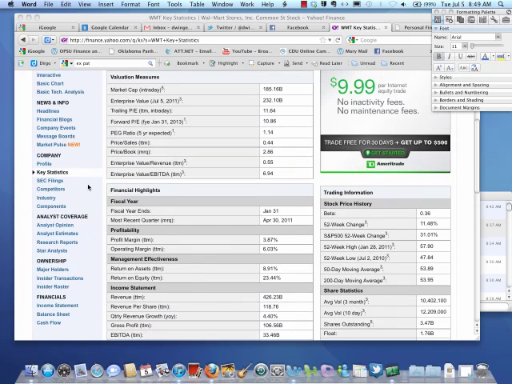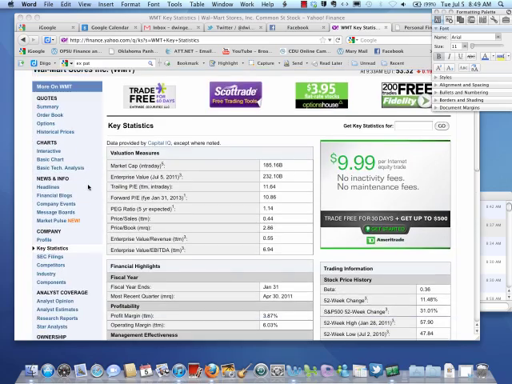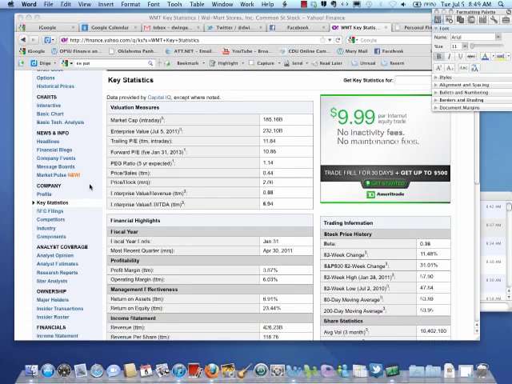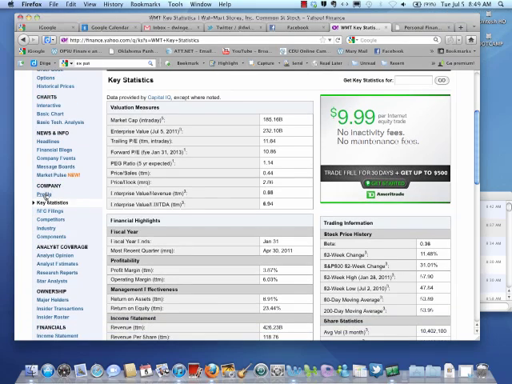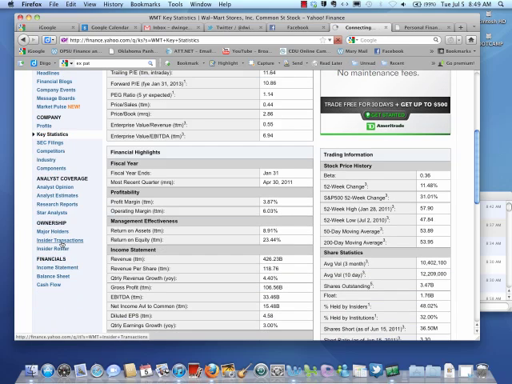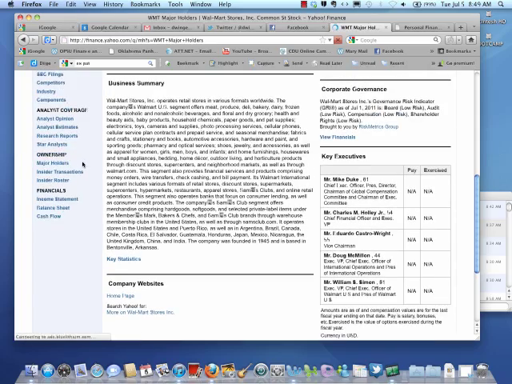Let's see. Inside ownership. Let's go to profile. Oh, no, ownership. Go down here to ownership where it says transaction. Inside major holders.